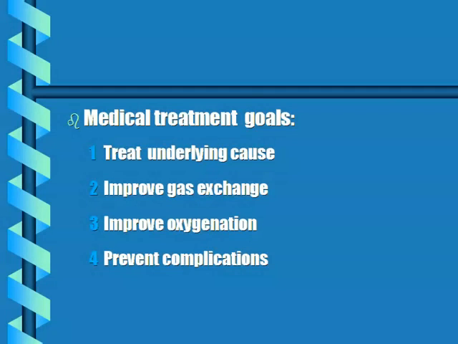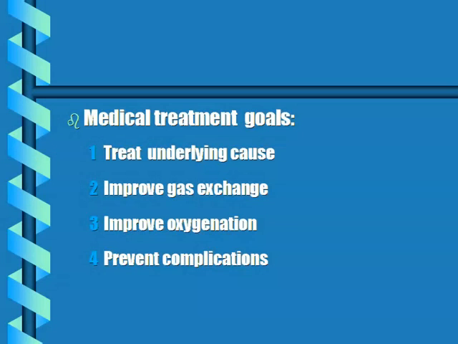But if necessary, they will allow that PaCO2 to increase 10 millimeters an hour until it reaches a max of 80 to 100 millimeters. They want to keep the pH at 7.2 or greater. And you want to administer bicarb if necessary. So if that pH drops to 7.1 or less, you'll give bicarb.